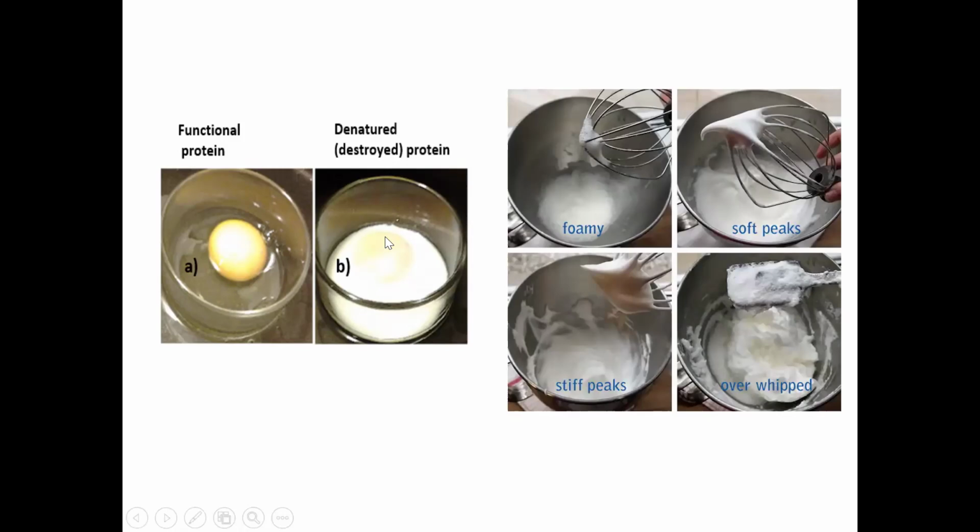It gets denatured. It gets denatured because of what? Increase in temperature. The temperature acts on the three-dimensional structure of the protein, and it gets denatured. This is your egg. A and B, it gets denatured in B after heating.